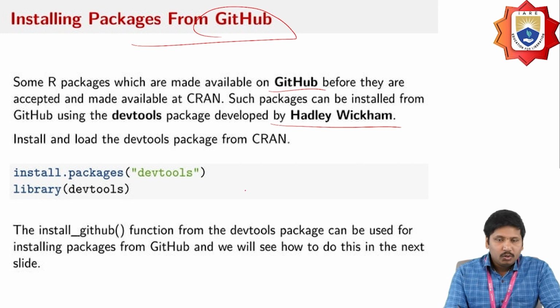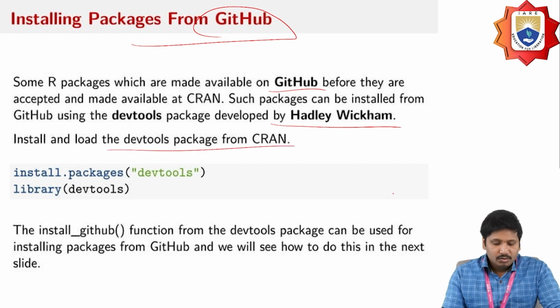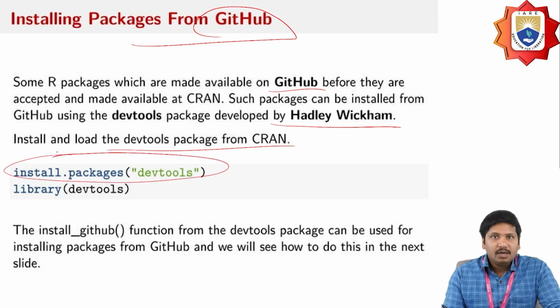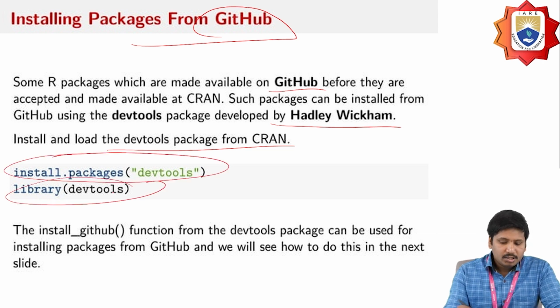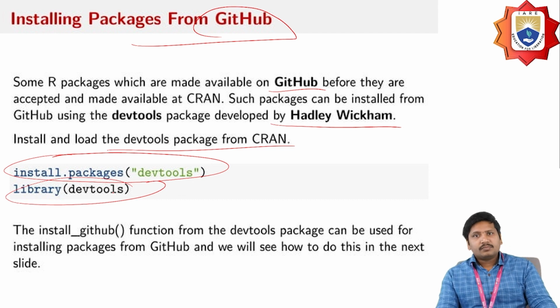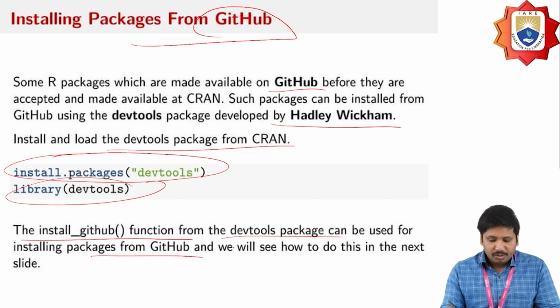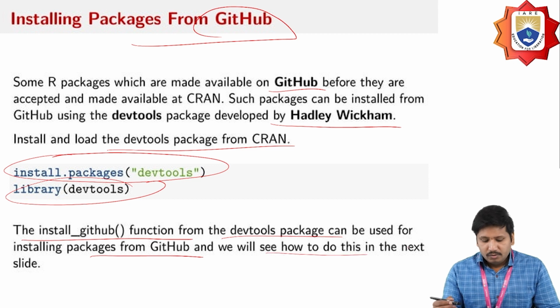So install and load devtools from CRAN. The steps are install.packages of devtools and library of devtools. The install_github function is available from the devtools package, which can be used for installing packages from GitHub, and we'll see next slide how we can install that.